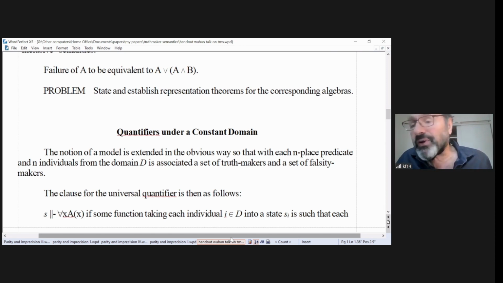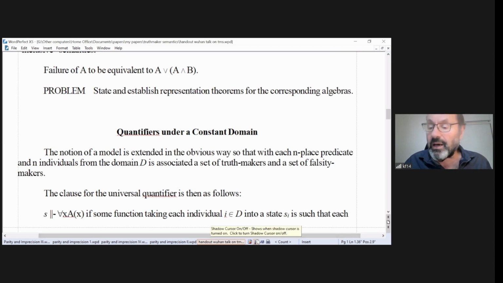Suppose, for example, we're doing a Truthmaker Semantics for arithmetical sentences, and we think, look, we don't believe in non-standard numbers, there are just these numbers. So when I say "for all numbers," all I can mean is numbers 0, 1, 2, and so on. I can't be talking about anything else. Okay, so that's quantifiers under a constant domain semantics.